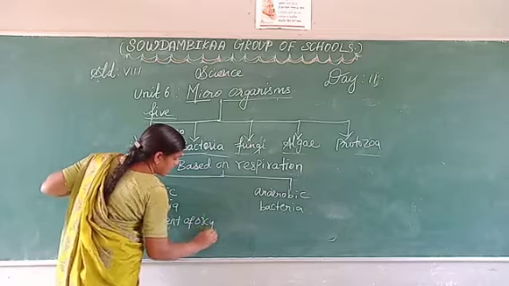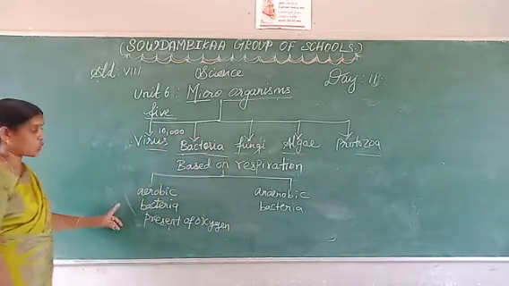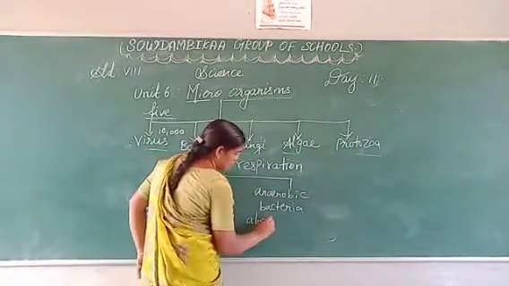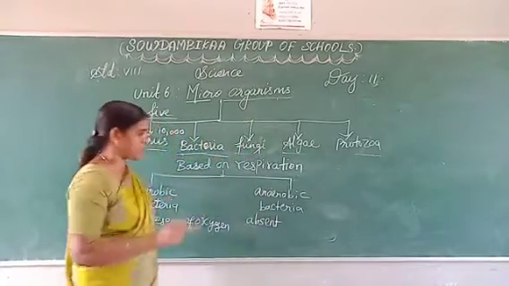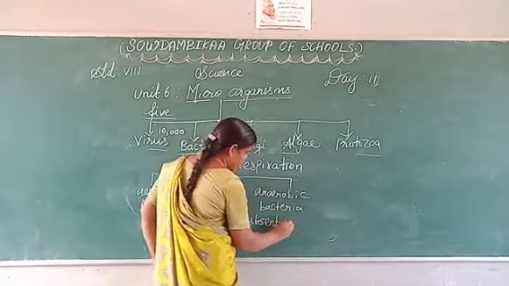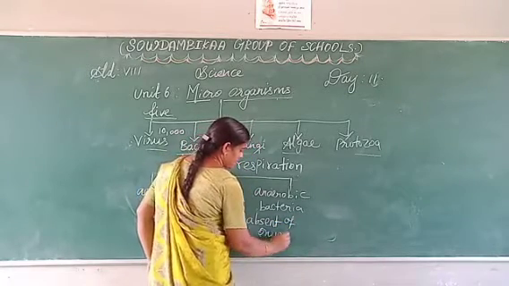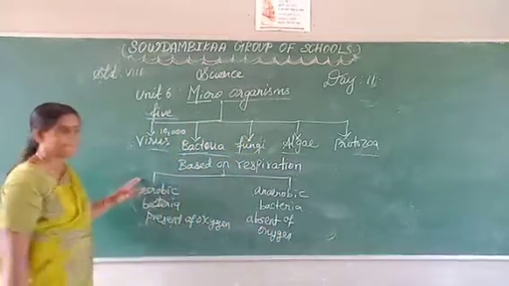When bacteria respire in the presence of oxygen, that is called aerobic bacteria. Anaerobic means the absence of oxygen: without oxygen, the bacteria respire. That is called anaerobic bacteria. Yes, all are clear about this?